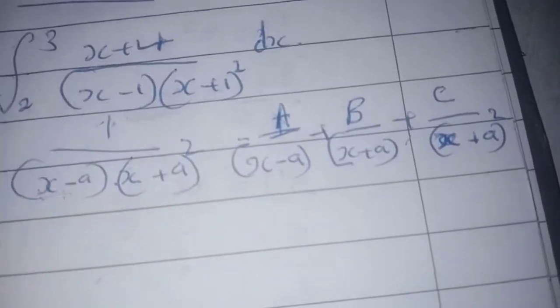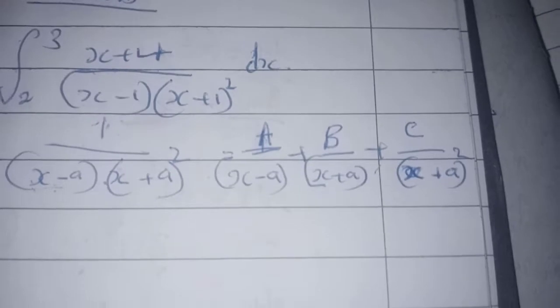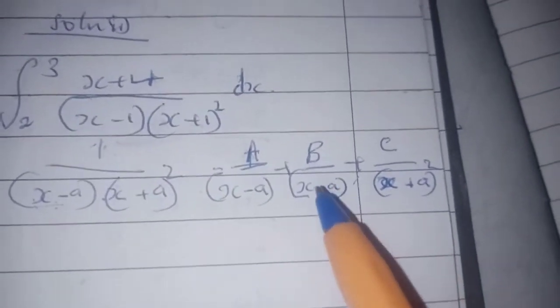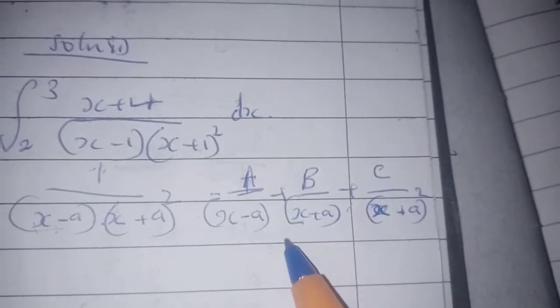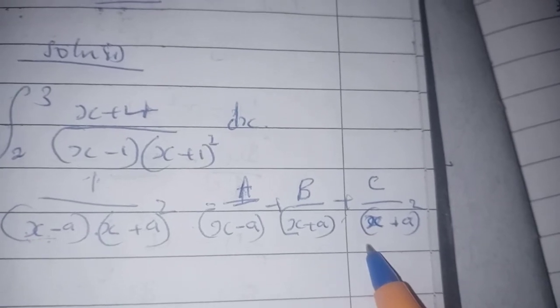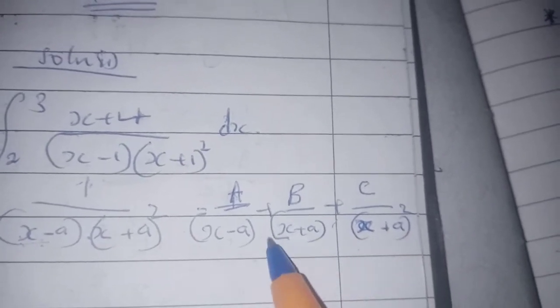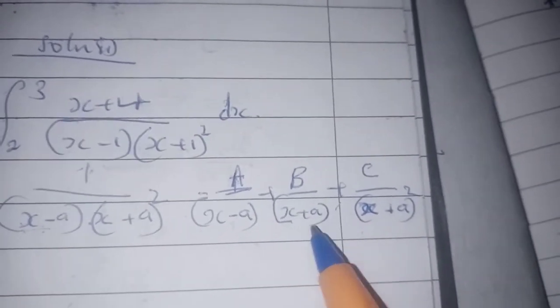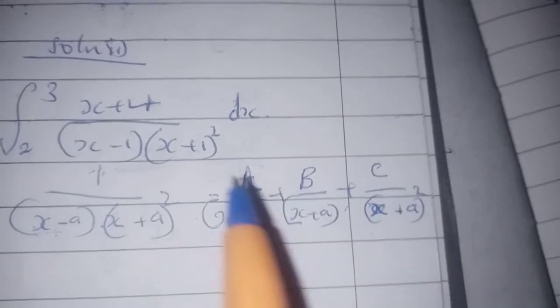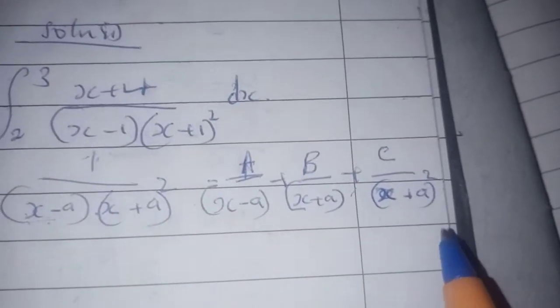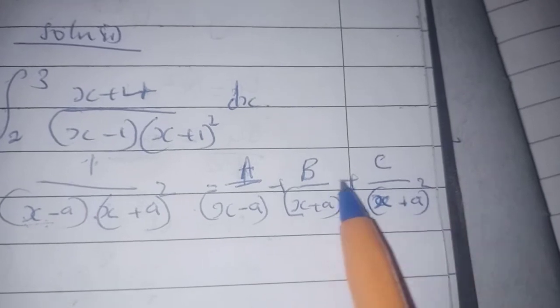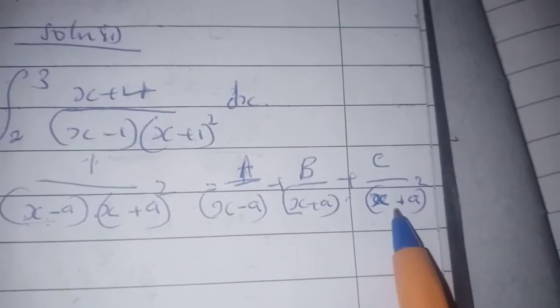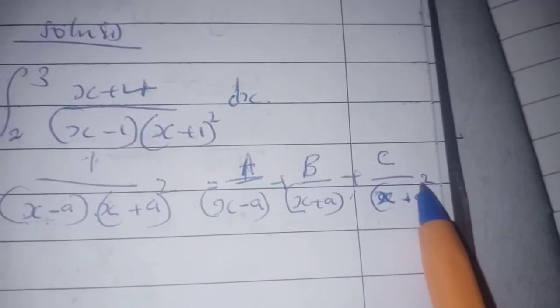Now I would like to explain why I have written x plus a. Remember, the LCM of x plus a and (x plus a) squared is just (x plus a) squared.